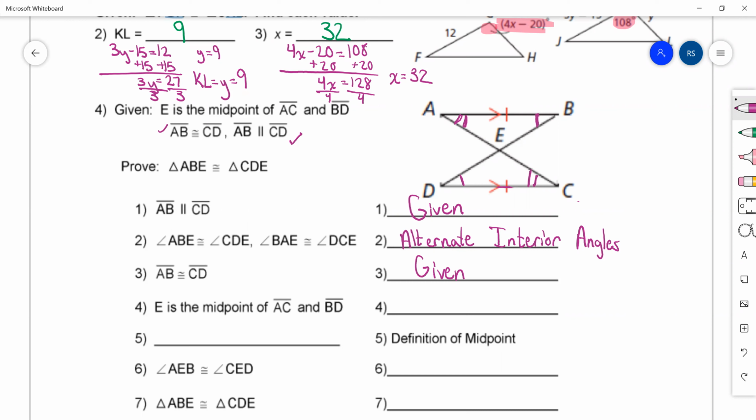Have I seen that anywhere? Oh, it's also given. So now we've used all of our given statements. Now, next we have to have a step, and our reason is the definition of midpoint.